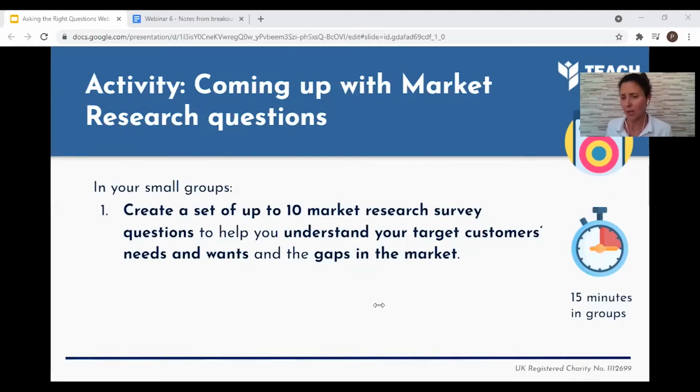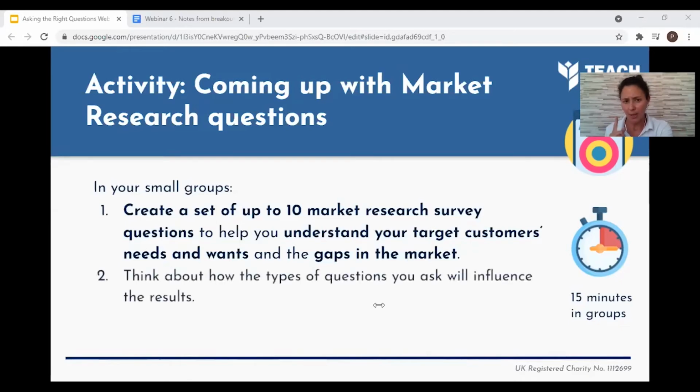So this is something that you can bring to your market research. As you are discussing and agreeing on what questions to ask in your survey, think about how the type of questions you ask will influence the results you get. I will say it again. Think about how the type of questions that you ask will influence the results that you get.